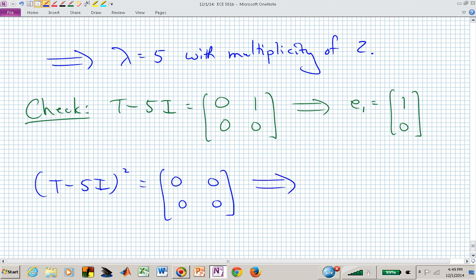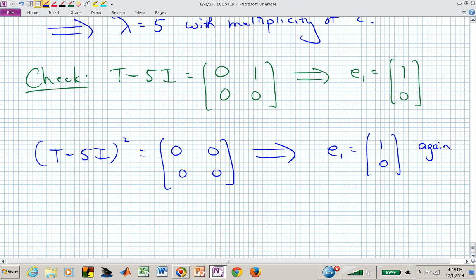And now it's not too hard to find vectors that live in the null space. We could say e1, when acted on by T minus 5I squared, will give us 0, and e sub 2 can be selected to be 0, 1.